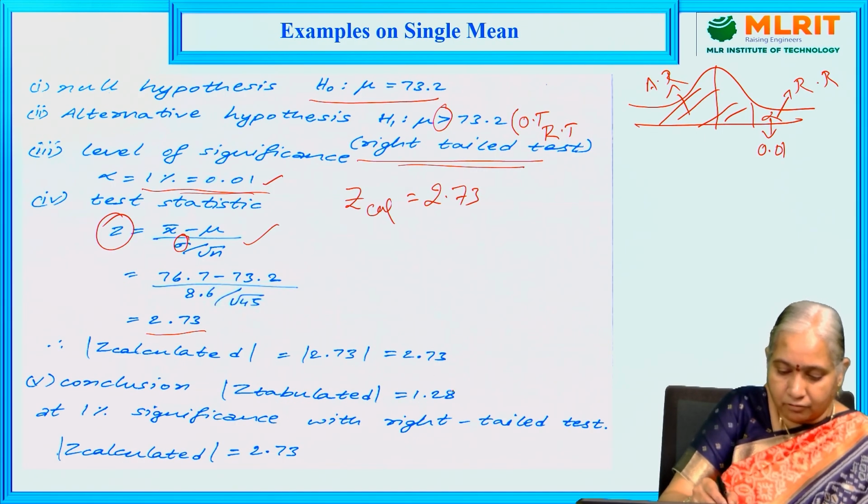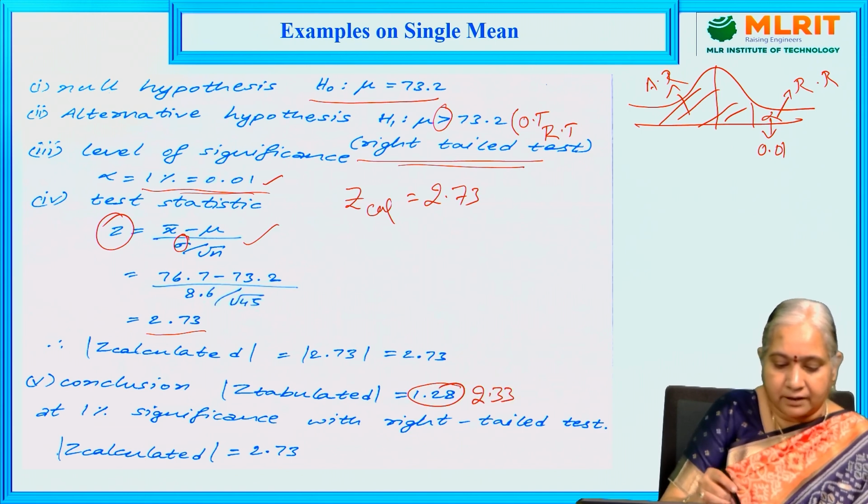So 2.33 is the tabular value and 2.73 is the calculated value.